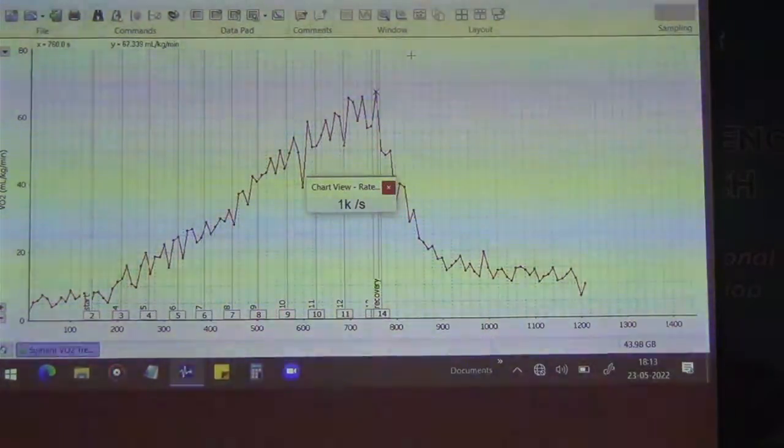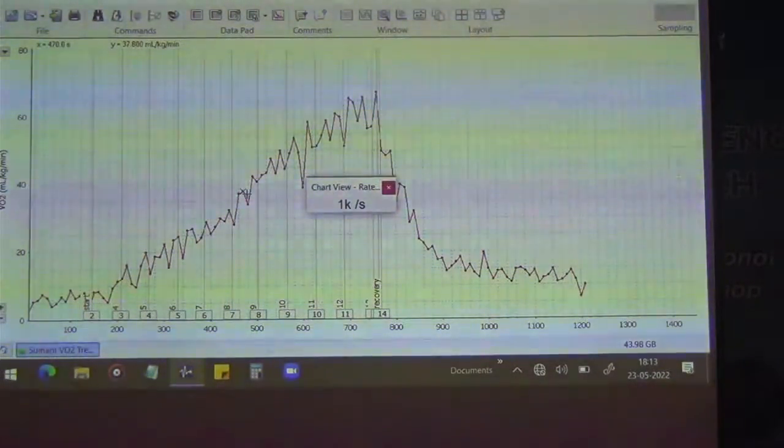Here the ideal calibration cylinder has carbon dioxide and oxygen. I think 16.5 last time, now 15.3 oxygen, 5 carbon dioxide. This is based on the refilling certification from the company.